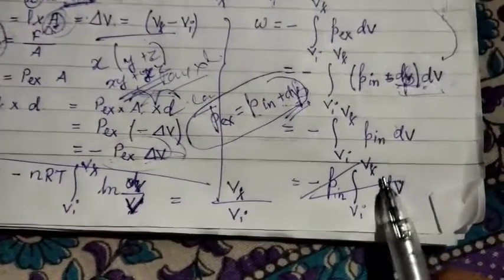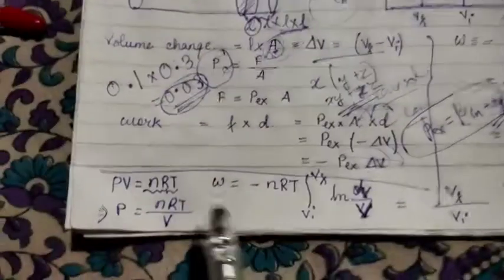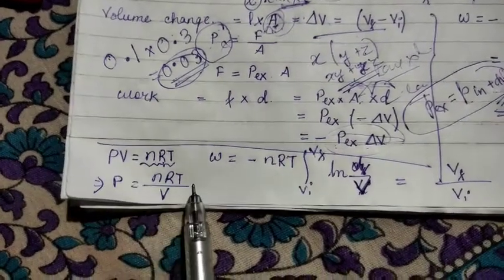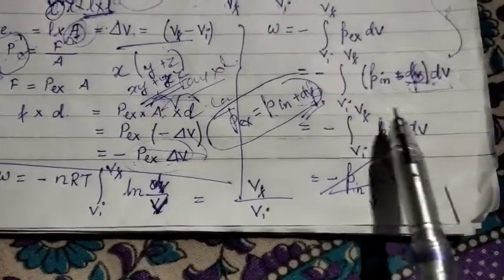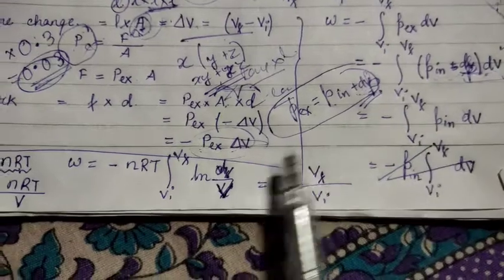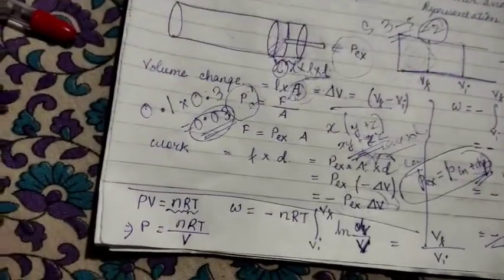Clear? Now in the states of matter chapter, you have learned that PV equals nRT. So P will be nRT by V. So instead of integrating P and dV, instead of P, you will write nRT by V. Let me show you.